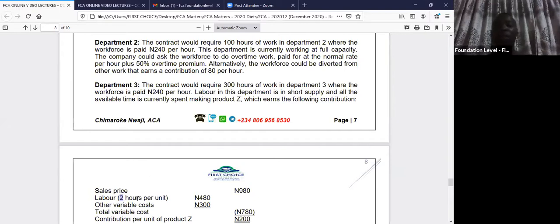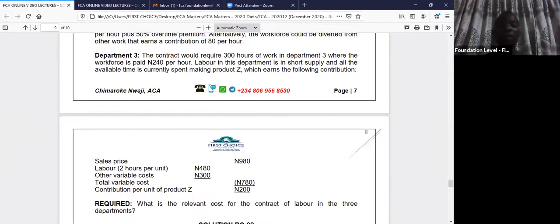Okay, let's go with the 150 units scenario I gave to you. So 150 units will be lost, and 200 naira for 1 unit multiplied by 150. So that's the relevant cost.